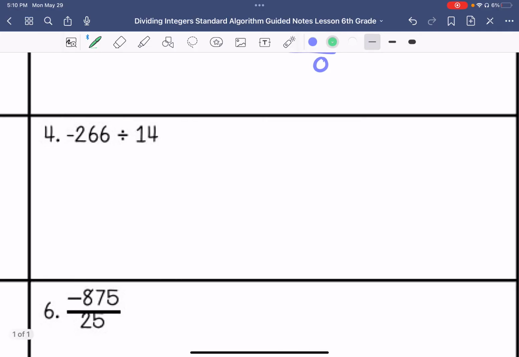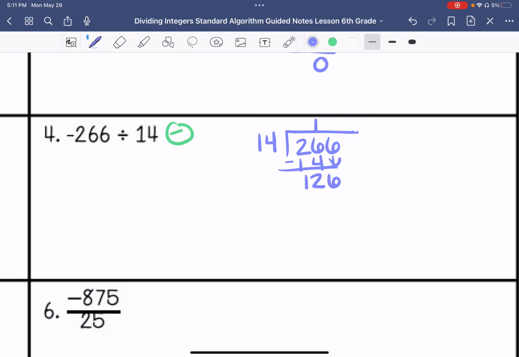Number 4. My answer is going to be negative because I have a negative and a positive. 14 goes into 26 once. We are going to subtract that. Get 12. I'm going to bring down the 6. 14.